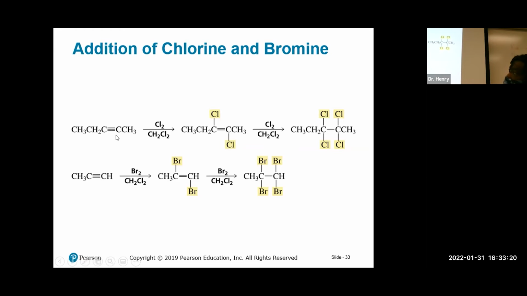So here we have an unsymmetric hydrocarbon, and we're adding chlorine and dichloromethane.